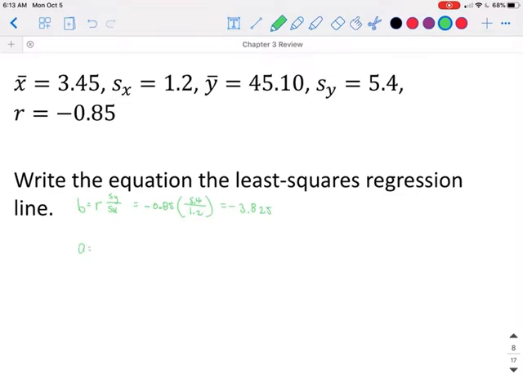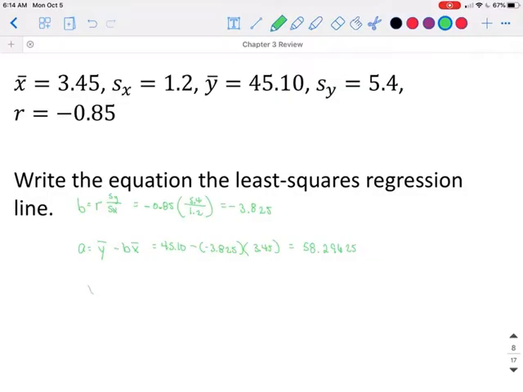To find our a value, we're going to do the mean of the y's minus b times the mean of the x's. And if we put that all into your calculator, you're going to get an a value of 58.29625.